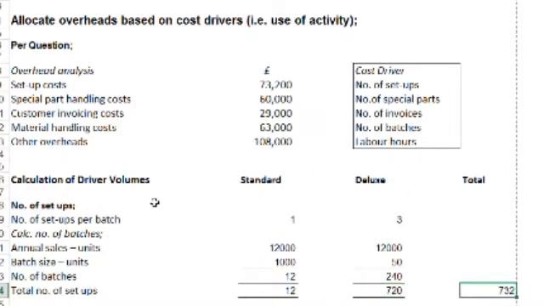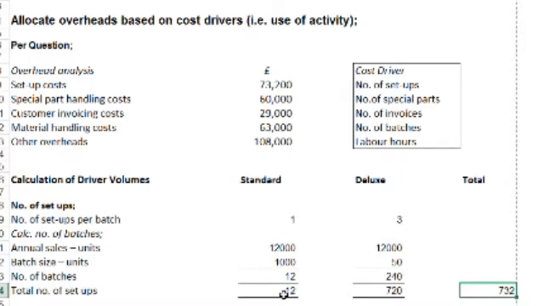So what we have done here is work out the number of setups for each product and the total as a whole: 12 setups for standard and 720 setups for deluxe, altogether 732 setups.